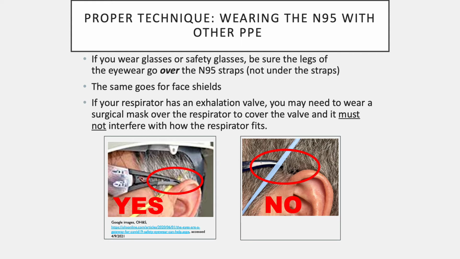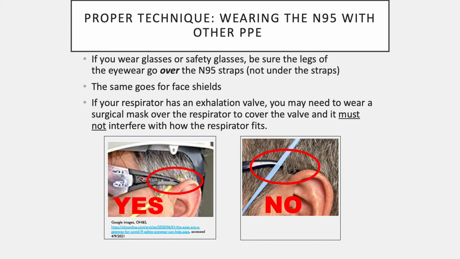When we're talking about a few of the procedural things, when we're talking about proper technique, if you wear glasses or safety glasses, be sure that the legs of the eyewear actually go over the N95 straps and not under the straps. The same goes for face shields.